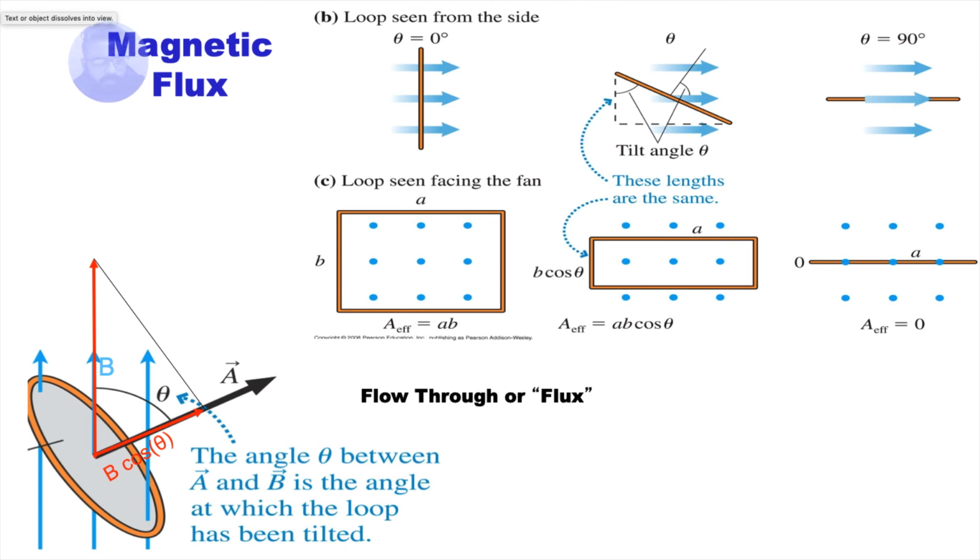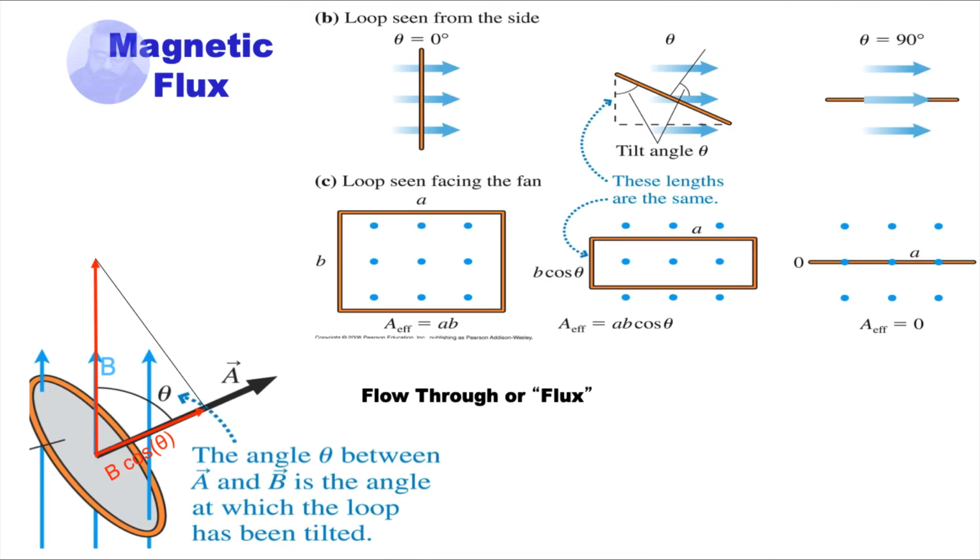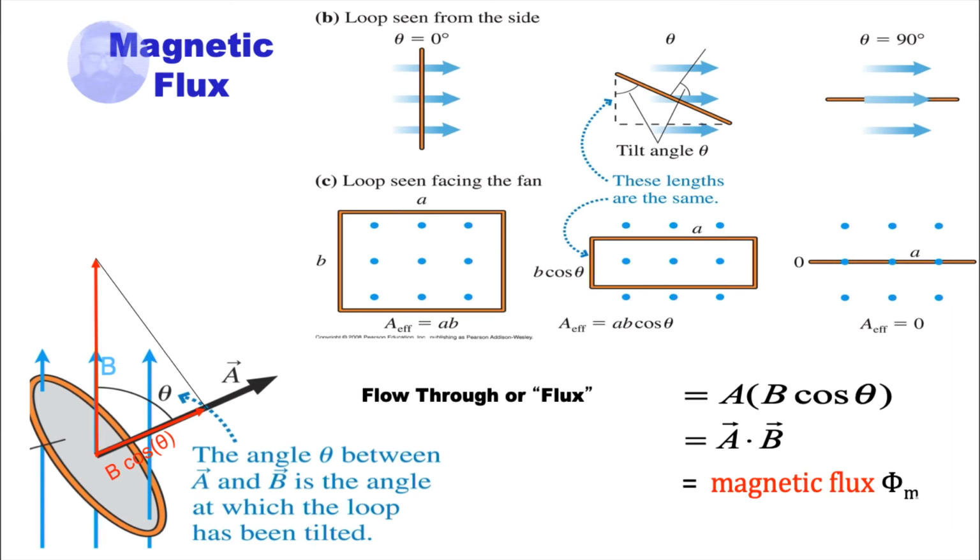And the way we compute that is we break up the magnetic field vector into its components perpendicular and parallel to the A vector, and then multiply that through to get that the flux through this loop is going to be the area of the loop times the magnitude of the magnetic field times cosine of theta. And this is magnetic flux. It's just like the electric flux, except now instead of electric field, we're considering magnetic field.